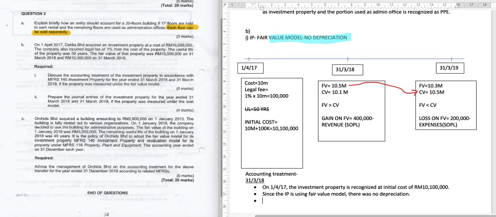So on 31st March 18, the fair value of RM10.5 million is compared with carrying value of RM10.1 million.